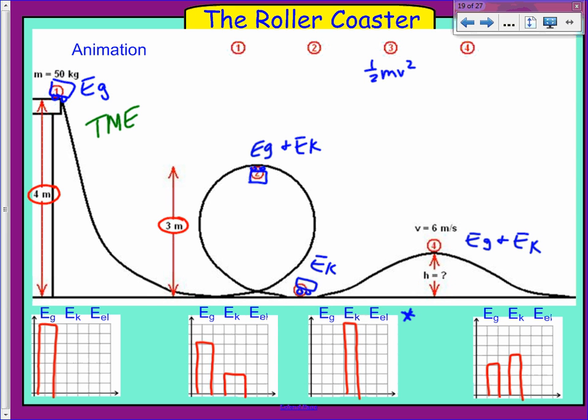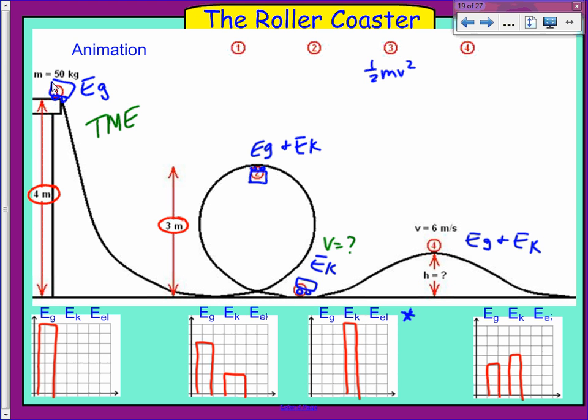I know the mass is 50 kilograms, and that's constant throughout the entire coaster ride. But I do not know what the velocity is at spot 3. So I actually cannot use bar chart number 3 to help me figure out what the total mechanical energy is. But no worries, we have 3 other bar charts we can use, because remember, the energy is going to be the same in all 4.